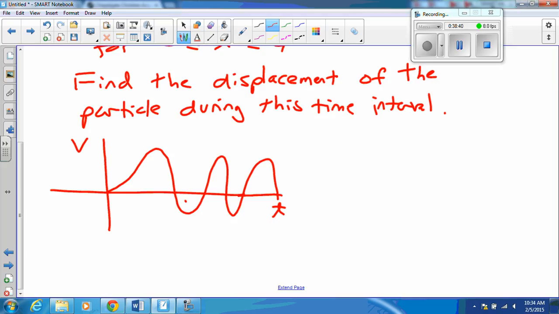So now that I have a sketch here, I can represent my displacement, I might call that delta x, as the integral from 0 to 4 of the velocity dt. And this represents velocity times time for each time interval added up.